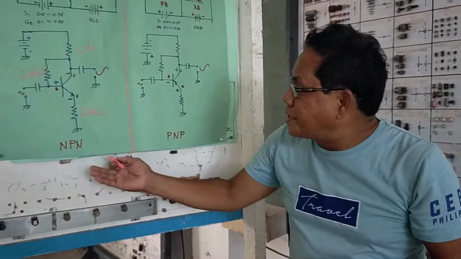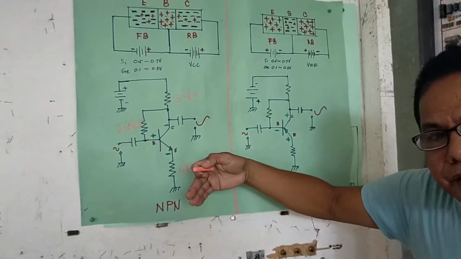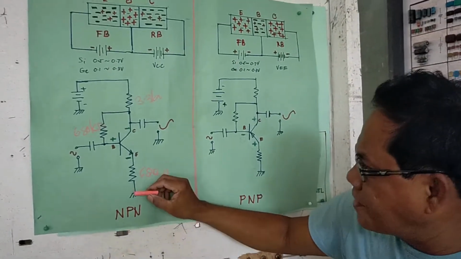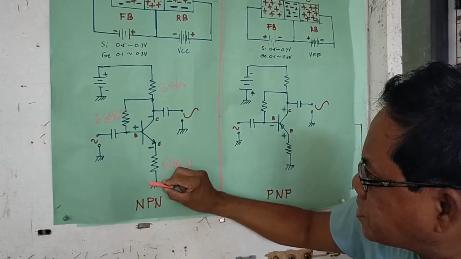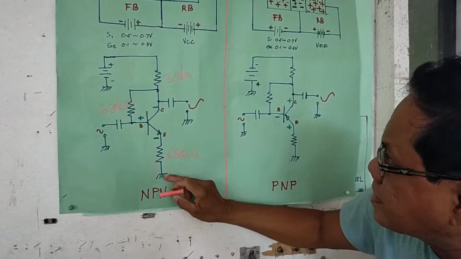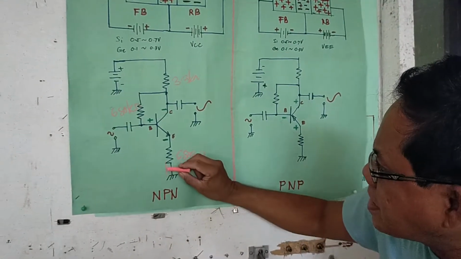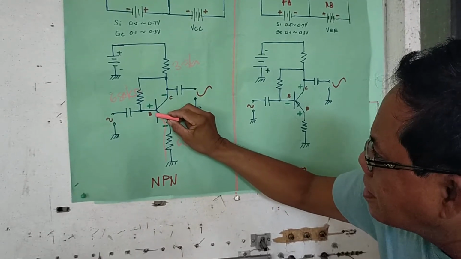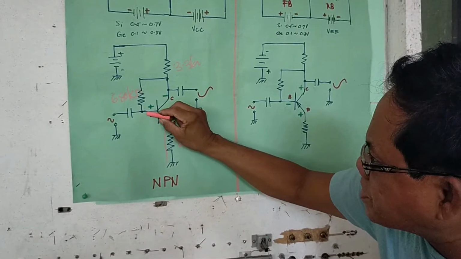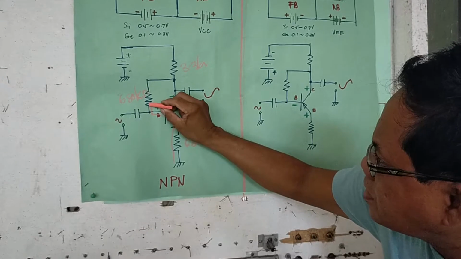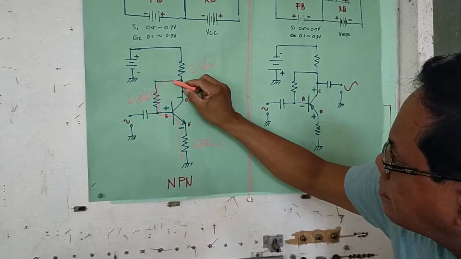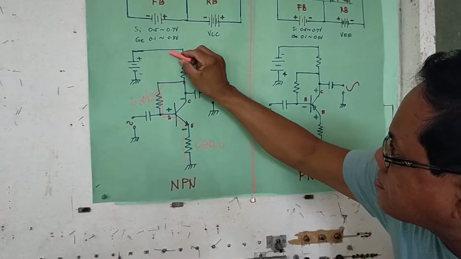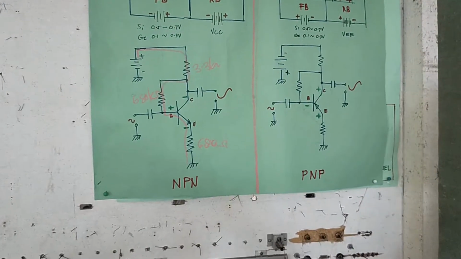We are adopting here the electron flow, which is negative to the positive side. At first, we have to trace the emitter base current. From this negative side of the battery, it flows here to the emitter, going to the base emitter junction. Then, it flows here towards the positive side of the circuit.